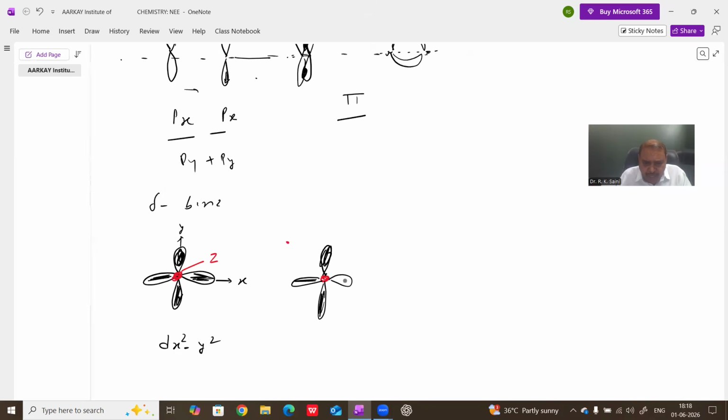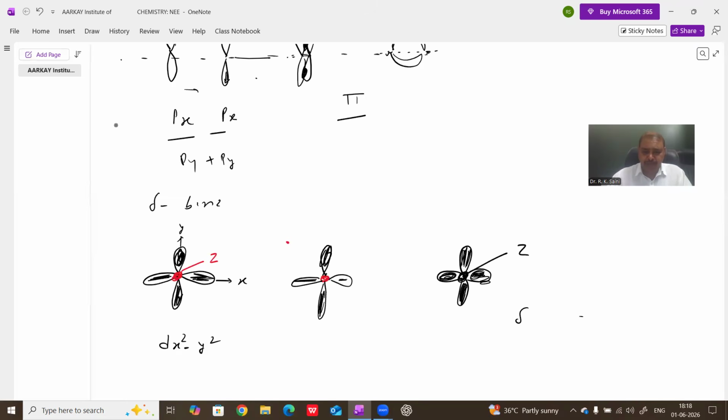Hence the delta bond is formed by the face-to-face overlapping of two d orbitals, and we can say 8 lobes meet in the proper direction. Suppose this is the z axis. Therefore, the delta bond is formed by the overlapping of two d orbitals face to face.